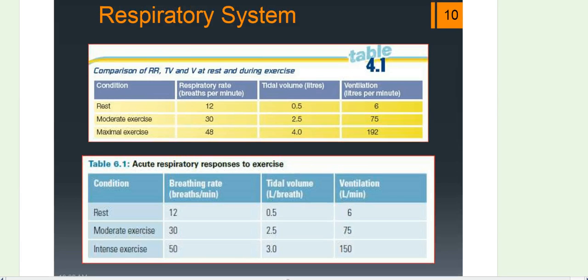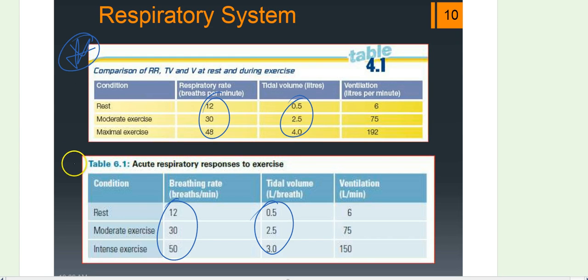So here's a quick example of how ventilation can be calculated. Note that the values here are slightly different in each table. This is the table of the text that we use. This is a table in one of the other VCE PE texts.